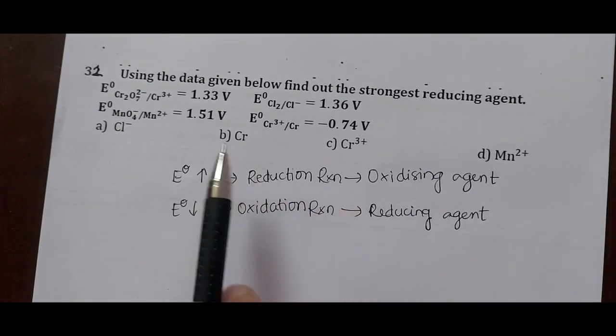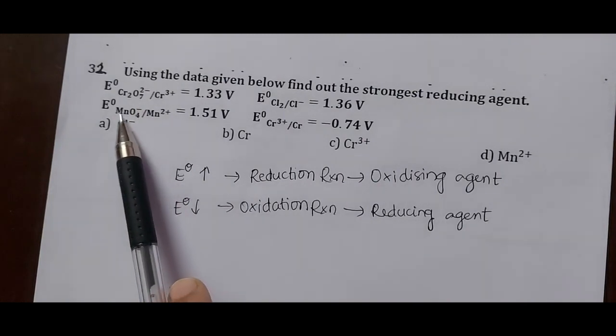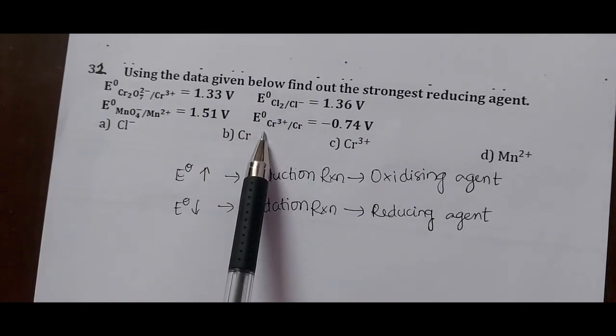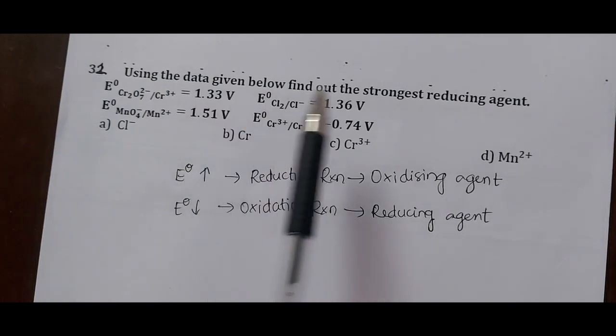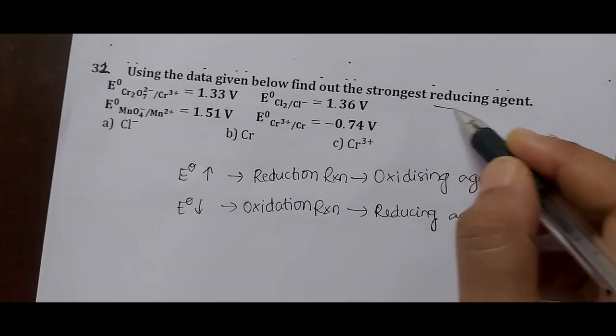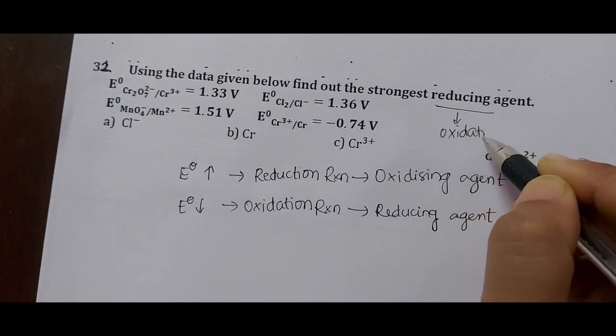So if we consider the reactions here, E naught values of chromium, manganese, chlorine, and chromium dichromate are given, 1.33 volt. They have asked for the reducing agent. Reducing agent means it should easily undergo which reaction? Oxidation.